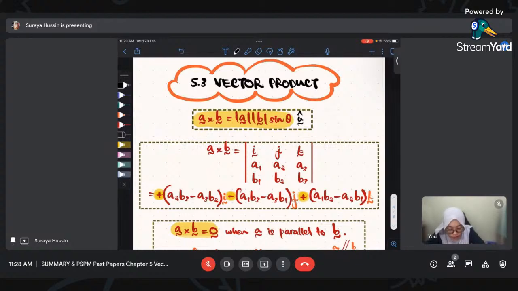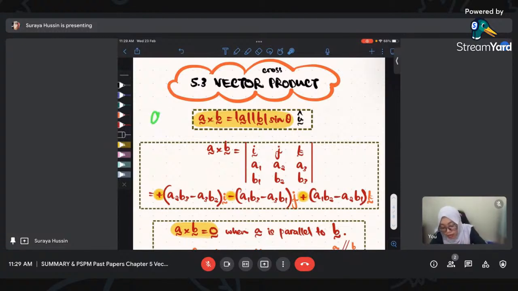Dulu waktu SPM kamu ada belajar cross product. Okay, you have heard of this. So cara nak tulis cross product adalah darab. Memang literally cross, darab. So cara penulisan pun dah berbeza.